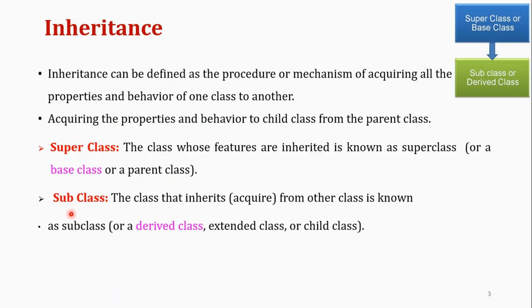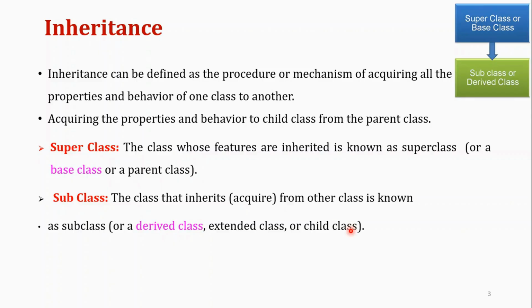The class which is receiving is called a subclass technically. So the class whose features are inherited is known as superclass or base class. The class which inherits or acquires from the other class is known as subclass or derived class. In layman's terms, the superclass can be called the parent class. The subclass can be called the child class.